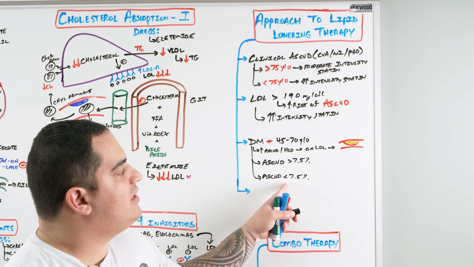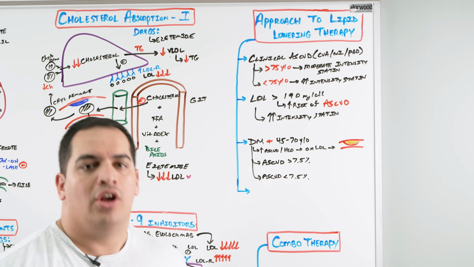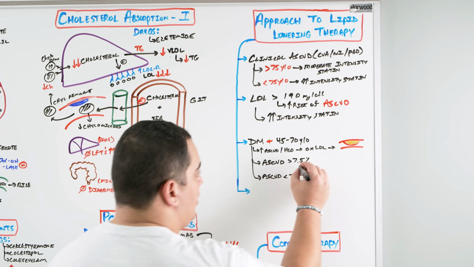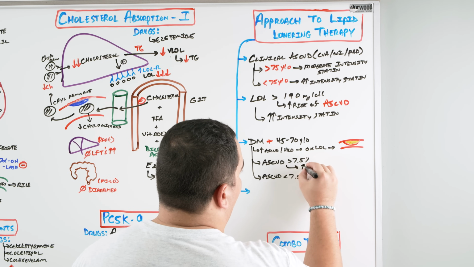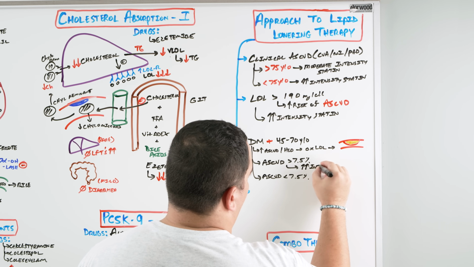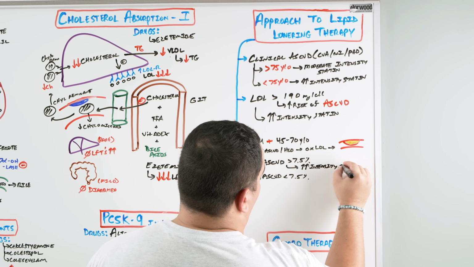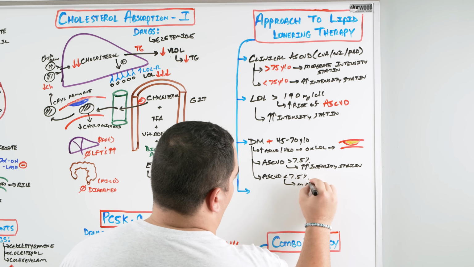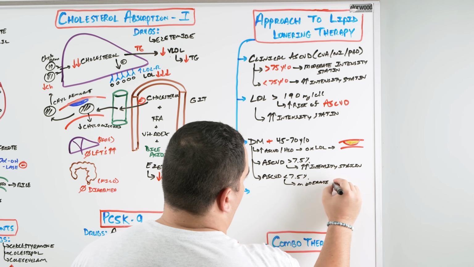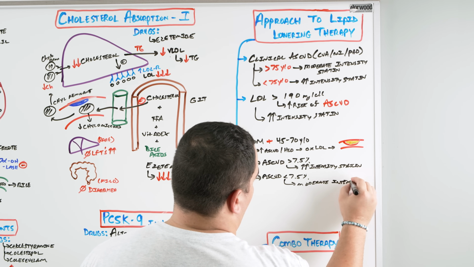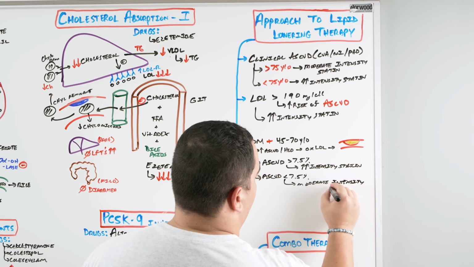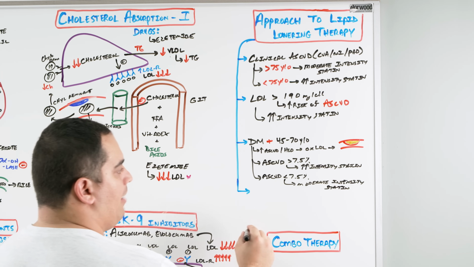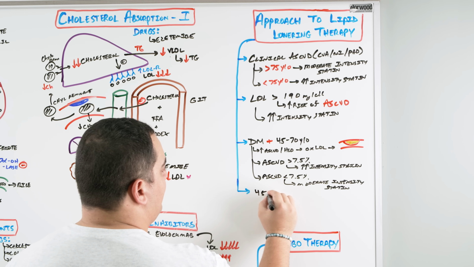If your risk is less than 7.5, you don't need to be as aggressive. You're at less risk of a clinical event. And then for this patient population, you can relax a little bit and do a moderate intensity statin.